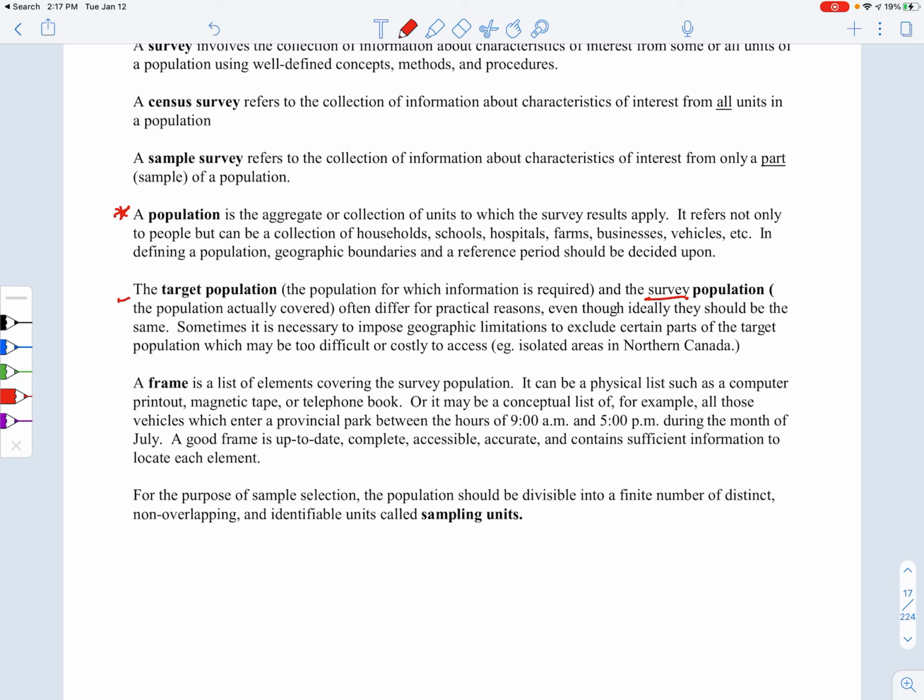A frame is a list of the elements covering the survey population. So it can be a physical list or it can actually be a conceptual list here. A physical list would be, here's a list of all of the customers of this particular organization.